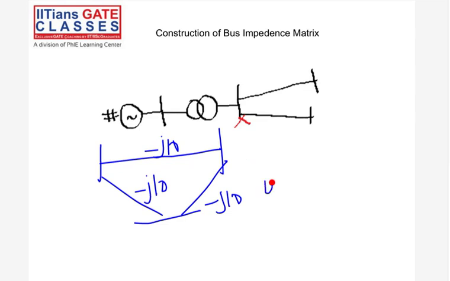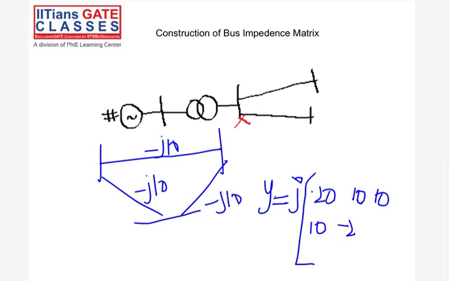So the Y bus would be J times the matrix with rows minus 20, 10, 10; 10, minus 20, 10; and 10, 10, minus 20. Is that clear?